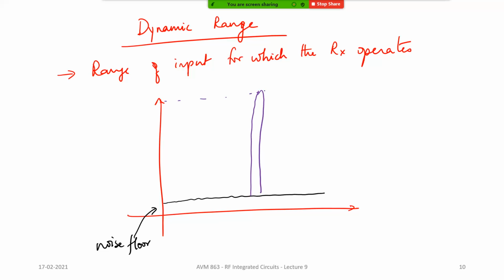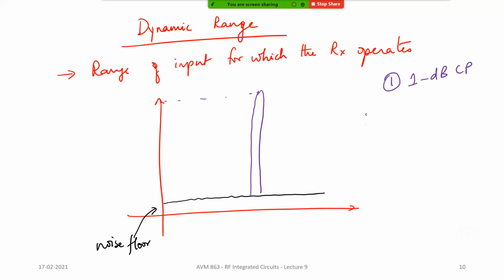One definition is, some people will define it with respect to the 1 dB compression point. If you know the 1 dB compression point, then that minus my sensitivity number is my dynamic range.